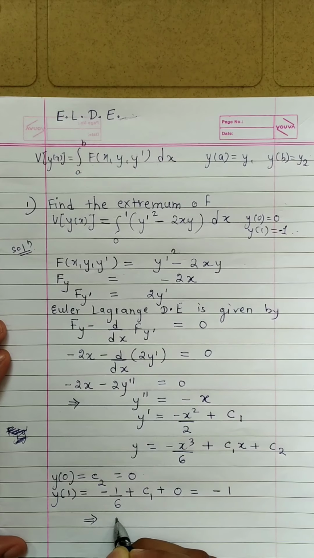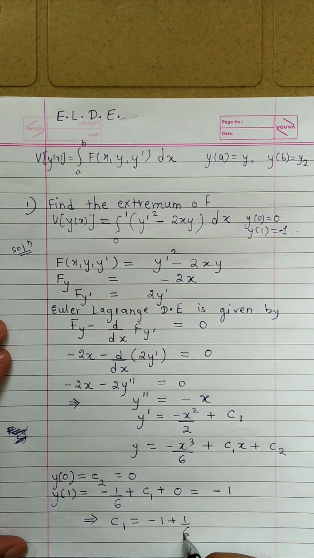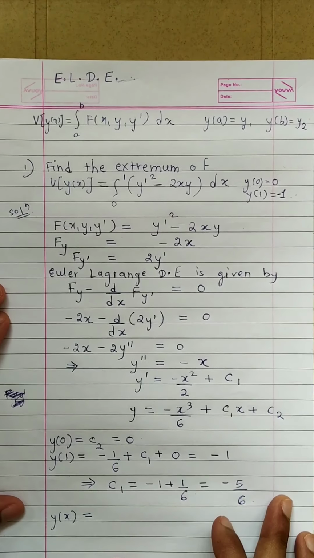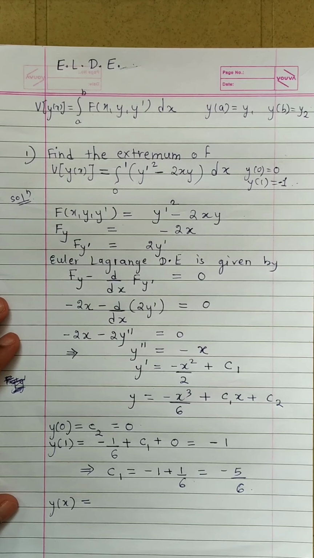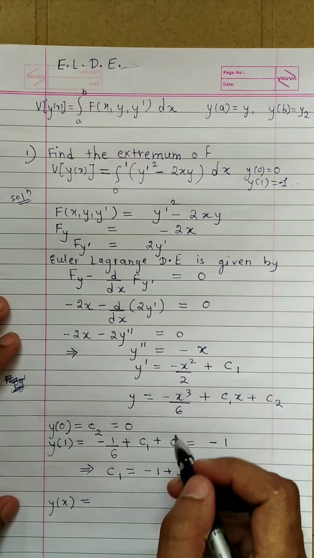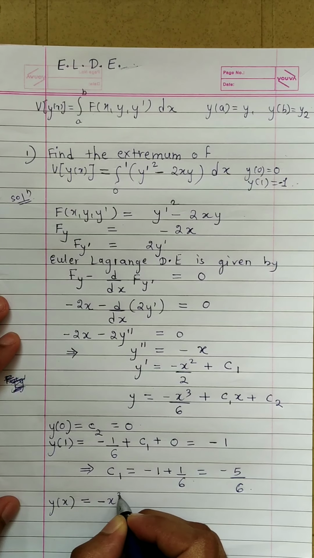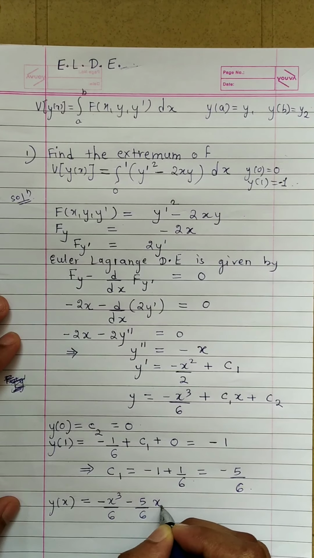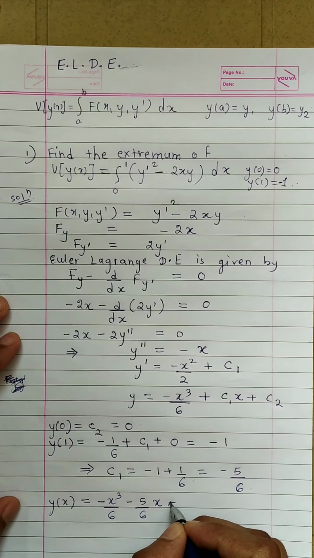So that will imply c1 is equal to minus 1 plus 1 by 6, so that is equal to minus 5 by 6, and therefore y of x will be equal to minus x cube by 6 plus c1, which is minus 5 by 6, into x plus c2 which is 0.